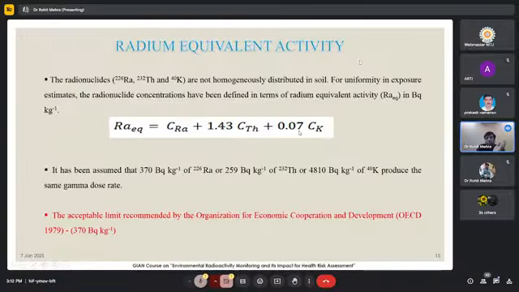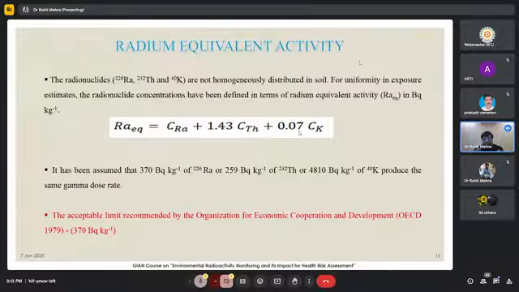So what we have done is converted the concentration of thorium into the concentration of radium by using a factor of 1.43, and converted the concentration of potassium into the concentration of radium by using a factor of 0.07. The reason is that 370 becquerel per kg of radium gives the same gamma dose as 259 becquerel per kg of thorium and 4810 becquerel per kg of potassium. So we make this parameter a radium equivalent.